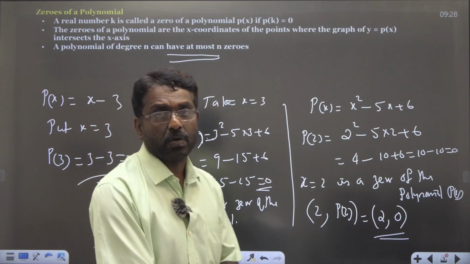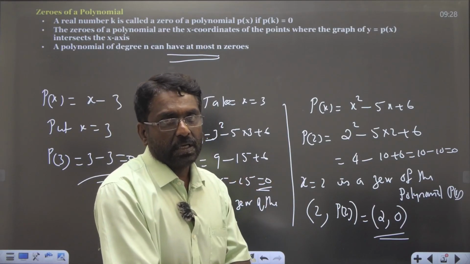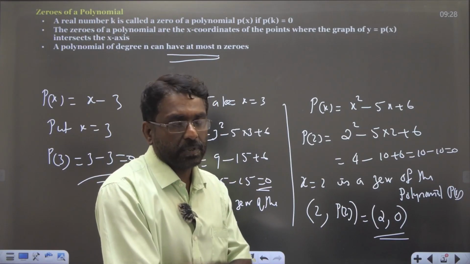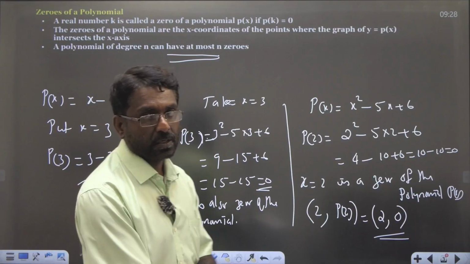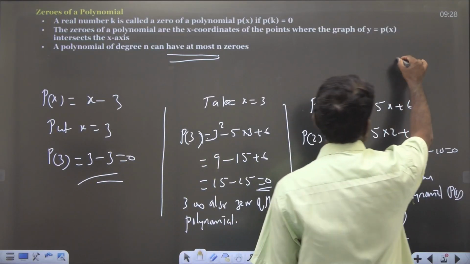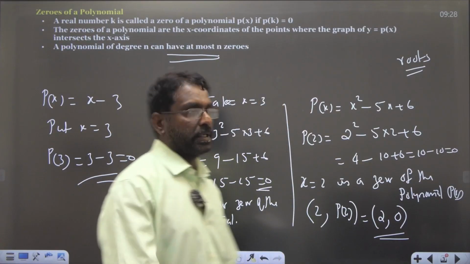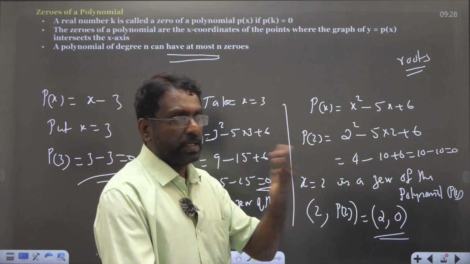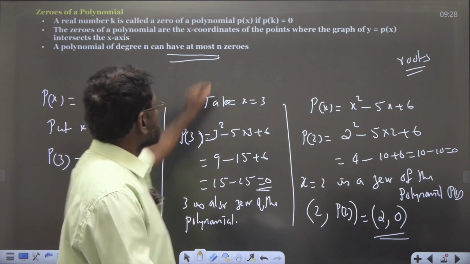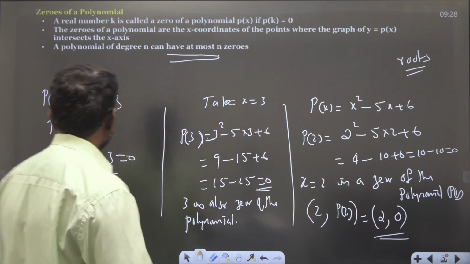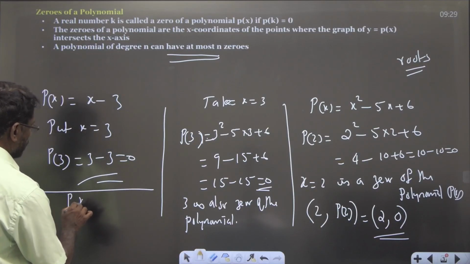Sometimes zeros are also called roots. In equations, instead of zeros we say roots or solutions. That is for equations, which we will discuss later. Here you just remember zeros. So again, suppose p of x is a polynomial.